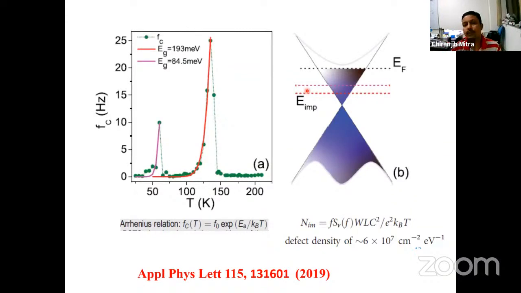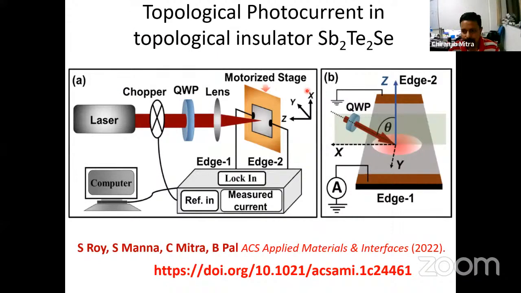There we obtained only one impurity level. Here this is more accurate, and we can see that there are two impurity levels, both inside the gap. Okay, that brings me to the third part of the talk.